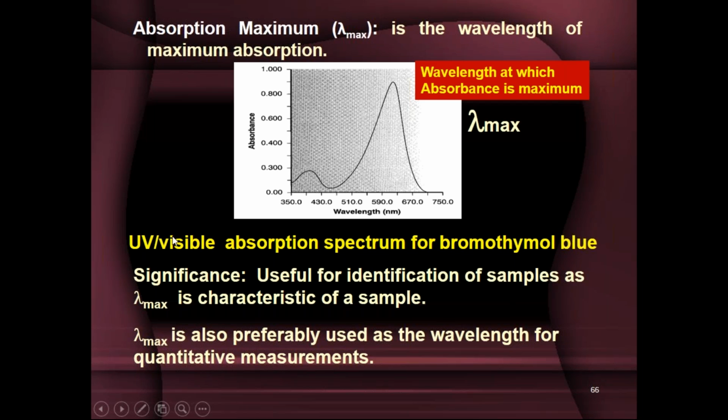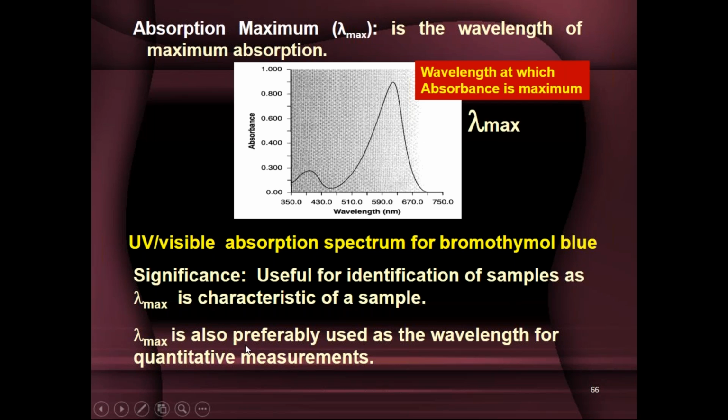UV absorption spectroscopy is not a very good tool for identification, but it could be used at the primary stage. It is quite good, not very accurate. So if it is being used for identification, what we look for is the lambda max. We try to match the lambda max of our compound with the standard compounds.